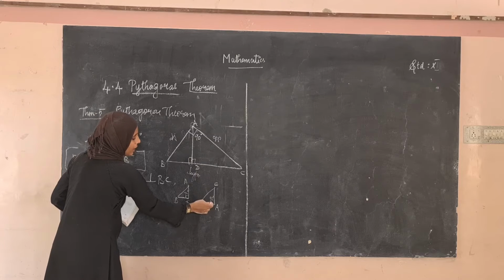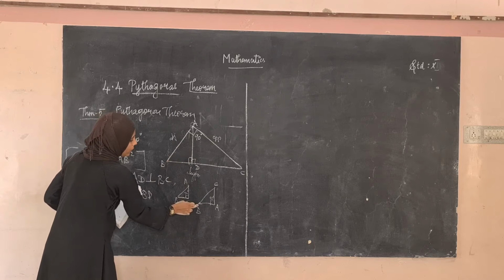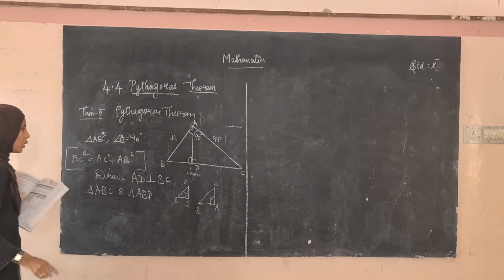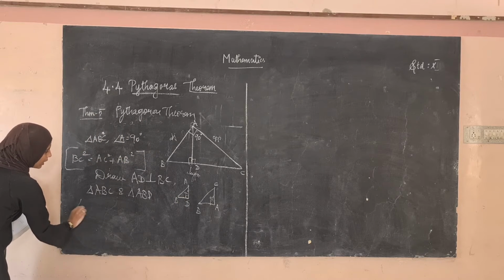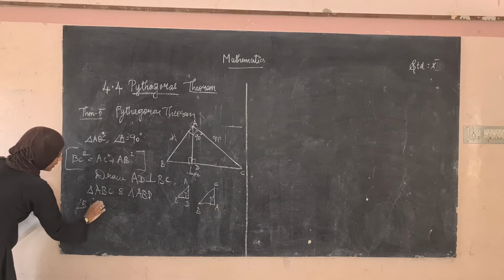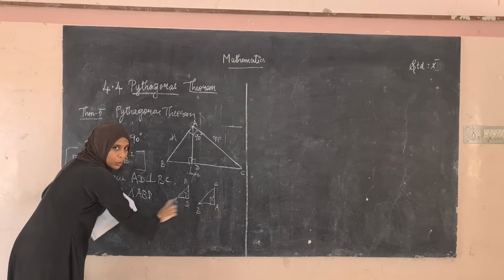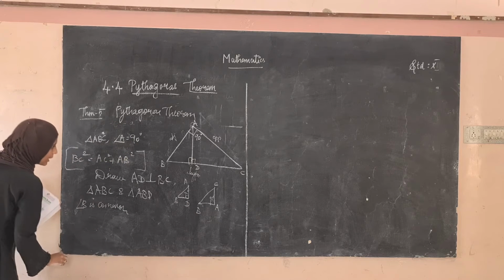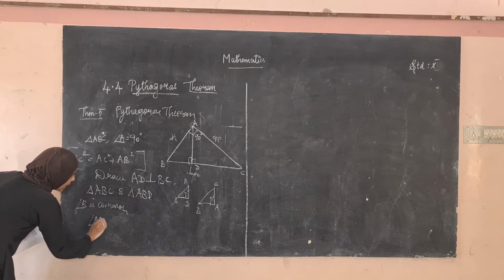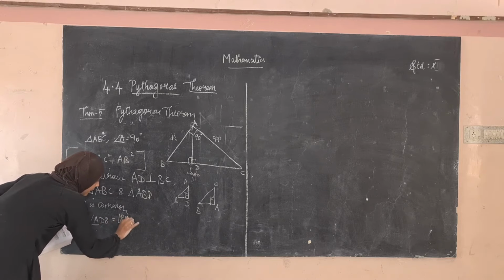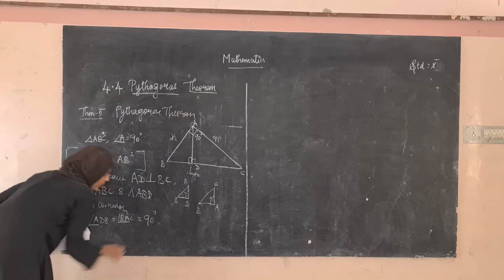Opposite the 90 degree is the hypotenuse. Okay, see here, angle B is common in both the triangles, right? We are having angle B in both the triangles. Angle B is common, and again angle ADB is equal to angle BAC is equal to 90 degree, right?